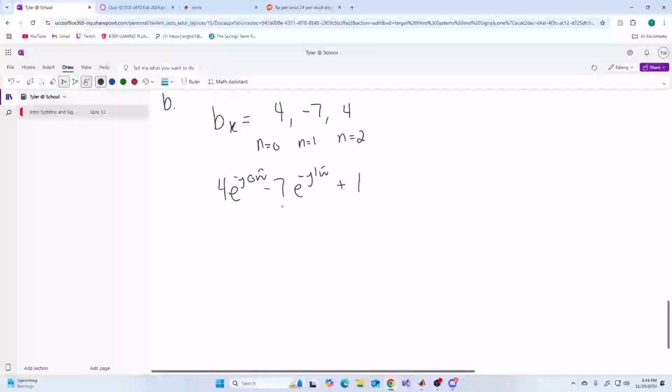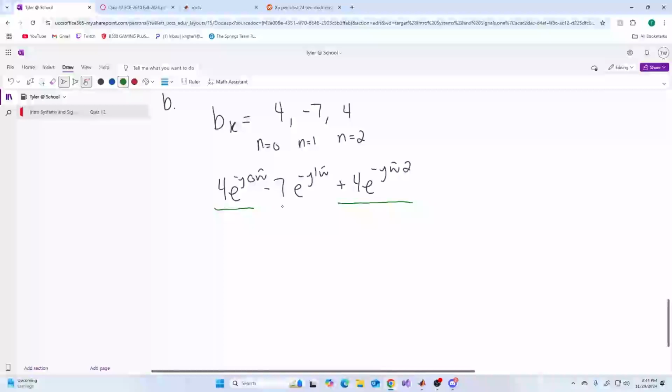Plus 4e to the negative j w hat, and then I have a 2. Okay. Now what I need to look at is, what does any of them share the same amplitude in common? Well, this one and this one share the same amplitude.